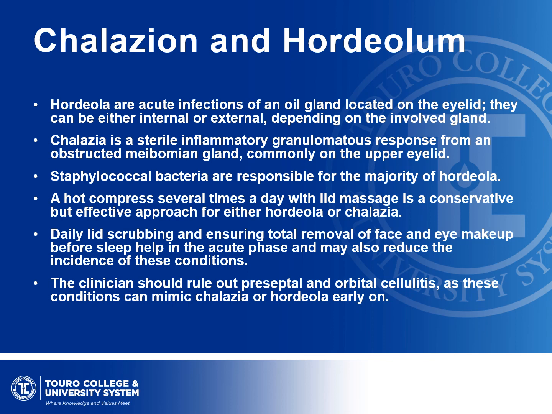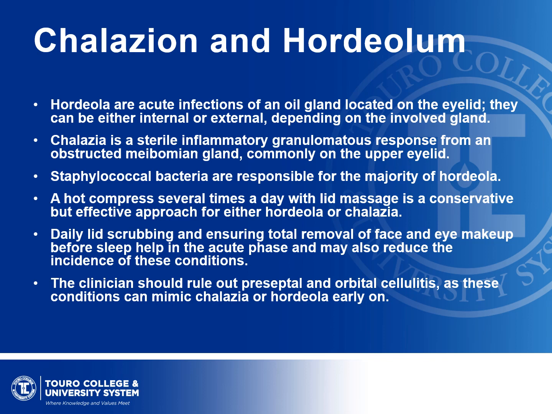Now, this is a fancy word for an infected eyelid or stye. Chalazion or hordeolum are the medical terminology for a stye. So it's an acute infection of an oil gland on the eyelid.